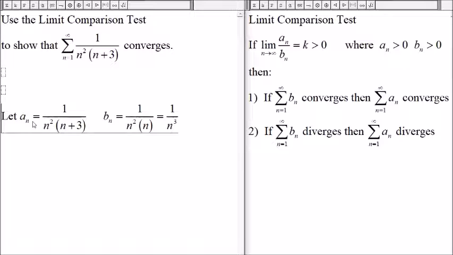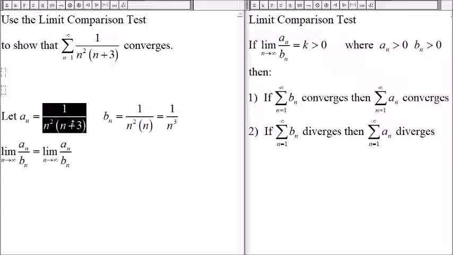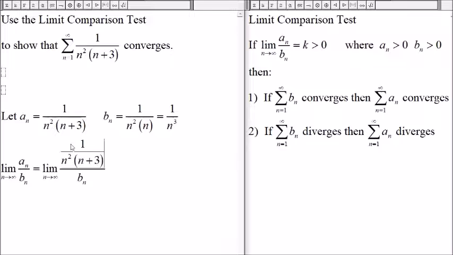Now that we have formed the sequences a sub n and b sub n, first we need to find the limit of a sub n over b sub n. In the place of a sub n, we have 1 divided by n squared times n plus 3, and in the place of b sub n, we have 1 divided by n to the third.